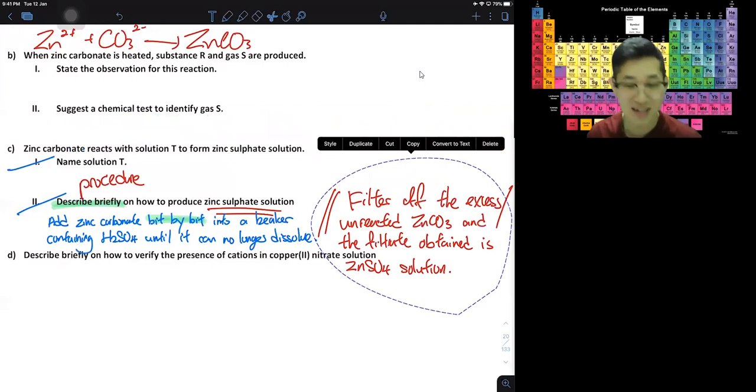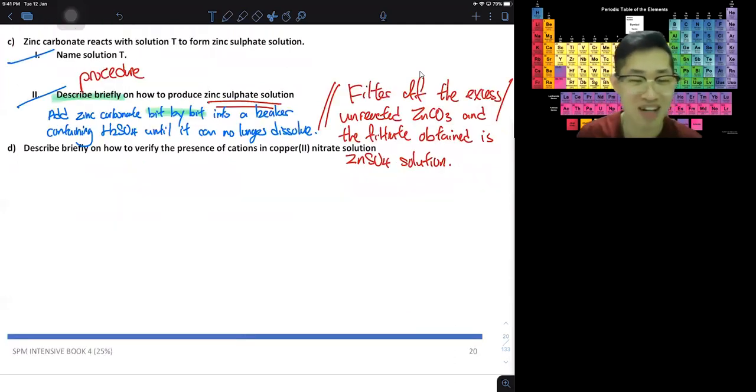Blind already, cannot see. Describe briefly how to verify the presence of cation in the copper 2 nitrate solution. So the cation in the copper 2 nitrate solution is the copper 2 ion, right?